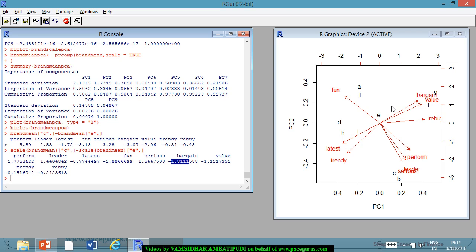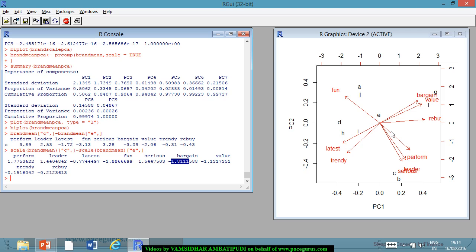So I can take the mean values of the areas surrounding it, and see in which areas I have to improve versus in which areas I am already good at.